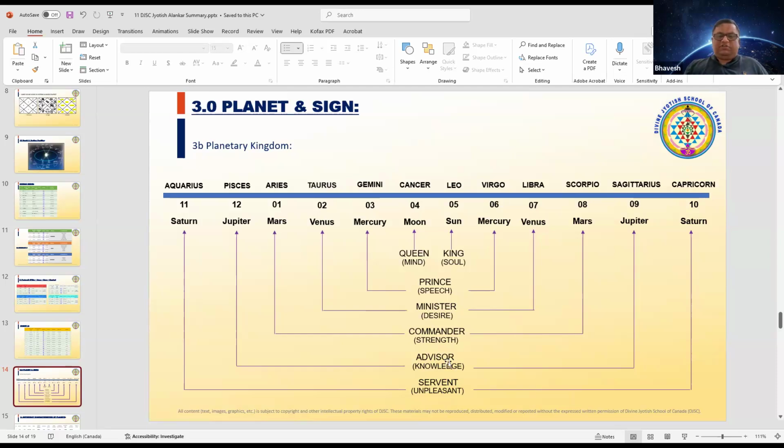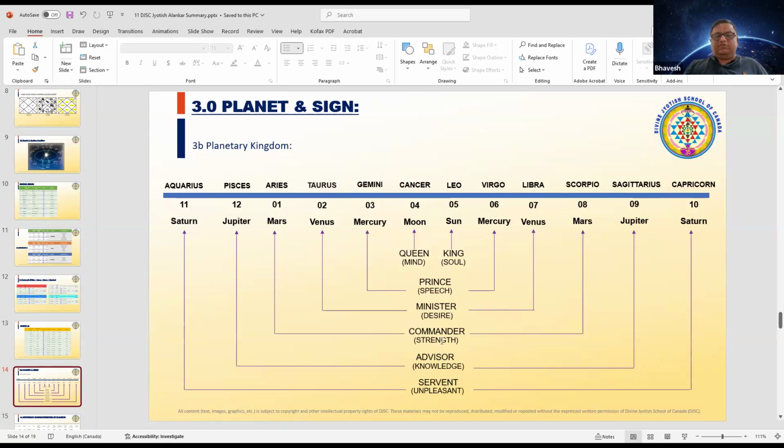Like an advisor giving advice to the king, it's Jupiter who has the knowledge. In the same way, the commander in chief who leads the army gives the strength. That is the power of Mars.